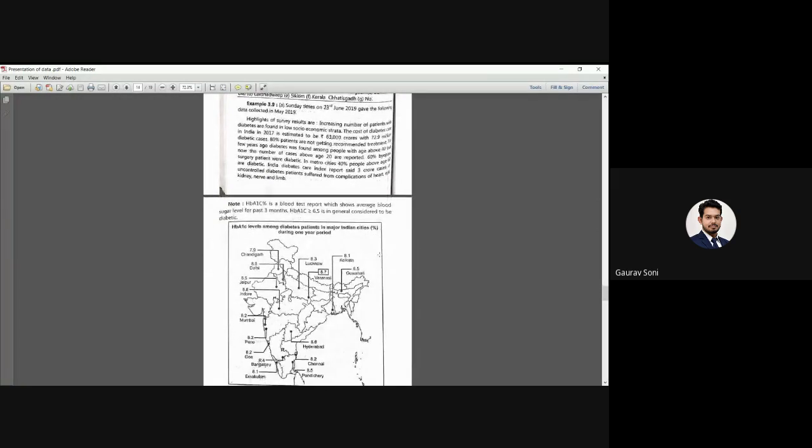So Sunday Times, 23rd June 2019, gave the following data collected in May 2019. Highlights of the survey results: an increasing number of patients with diabetes are found in low socioeconomic strata.